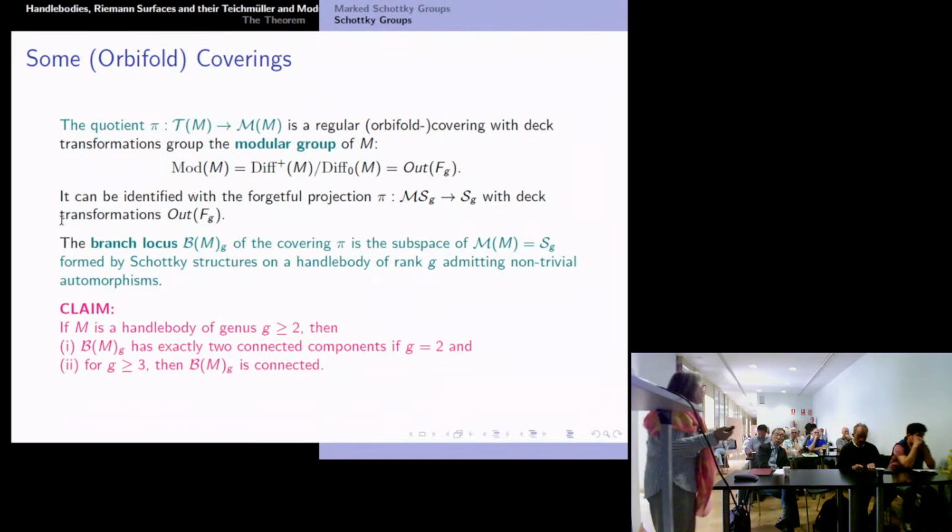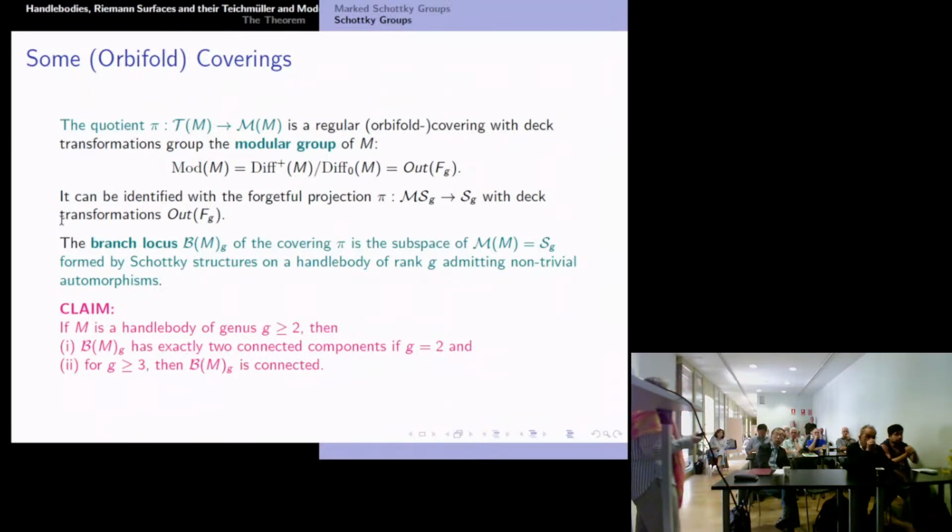What we have in fact is the quotient by the outer automorphism group of the fundamental group, which is the Schottky group, which is the free group of rank g.